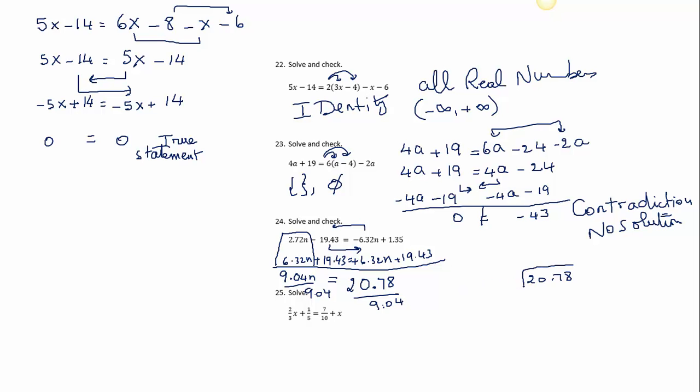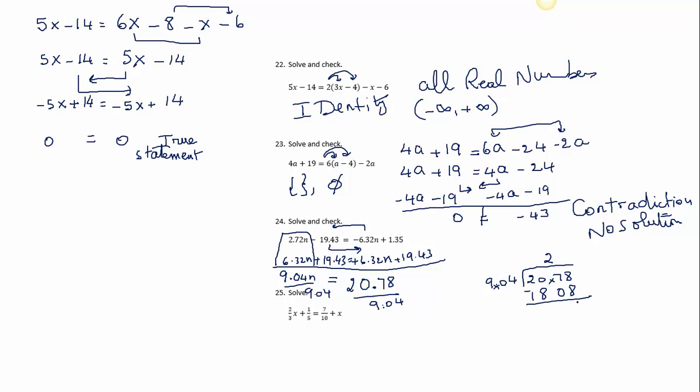So we have 20.78 divided by 9.04. Since we have two decimals on both, we can remove the decimal. So let's go ahead and remove those decimals. 2078 divided by 904. Let's try 2 times. 2 times 4, 8. 2 times 0, 0. 2 times 9, 18.